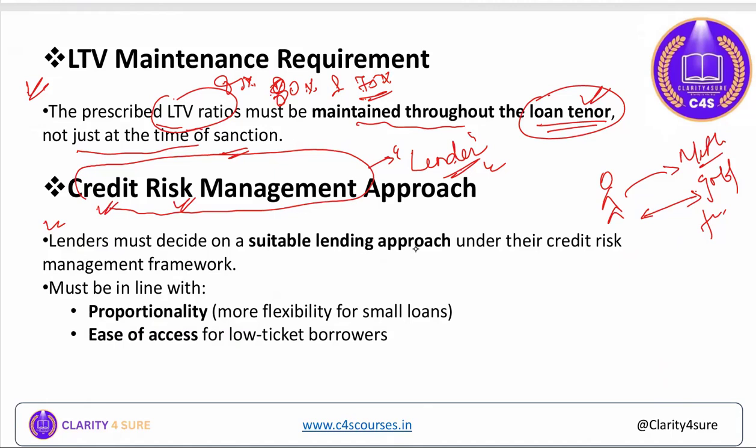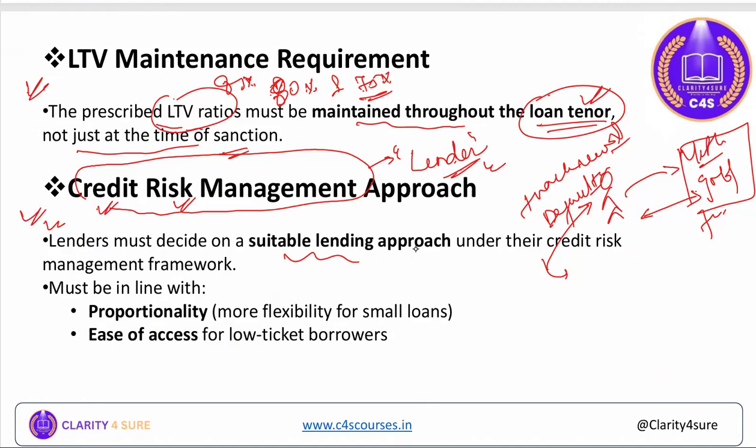This will only be possible if the lender can decide on a sustainable, suitable lending approach under credit risk management, after seeing the track record of that particular borrower, whether the borrower is a defaulter or not for earlier sanctioned, similar types of loans. So before lending, they should track the lending approach in order to manage risk under the sustainable risk management approach.